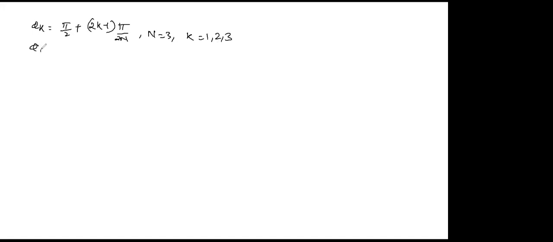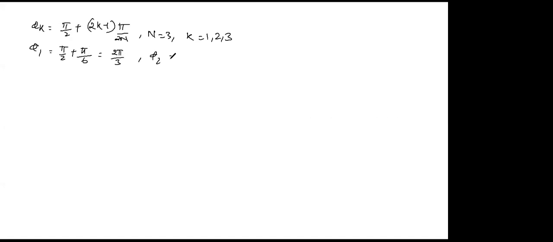Then find phi 1. Phi 1 is pi by 2 plus pi by 6, which is 2 pi by 6 plus... sorry, 3 pi by 6 plus pi by 6, that is 4 pi by 6, which equals 2 pi by 3.